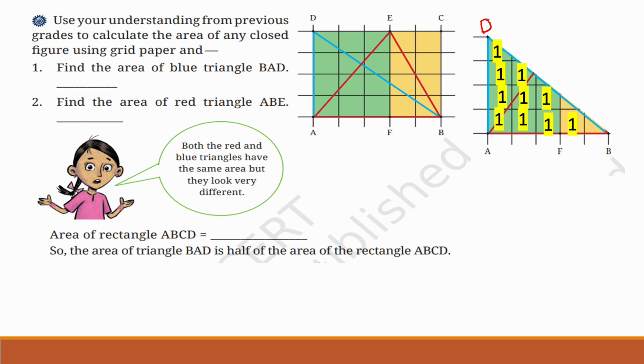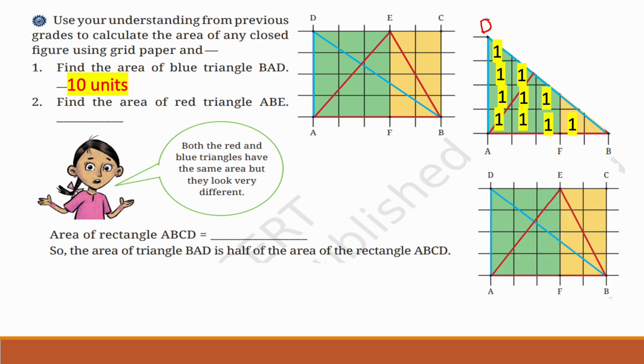Total 10 units: 1, 2, 3, 4, 5, 6, 7, 8, 9, 10. Then next, find the area of red triangle ABE. We can fill like this. So, it is also 10 units.